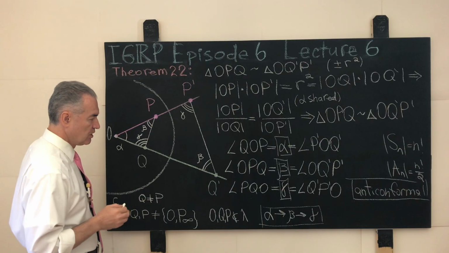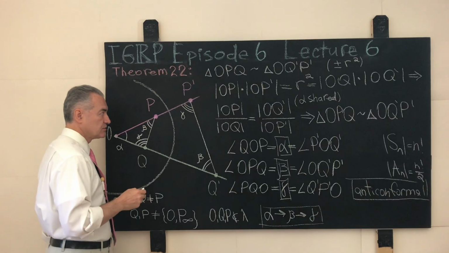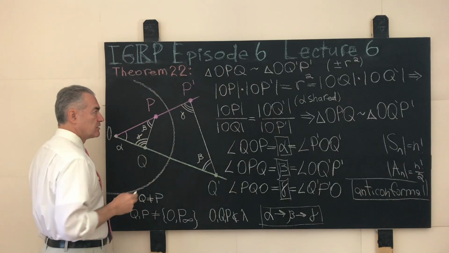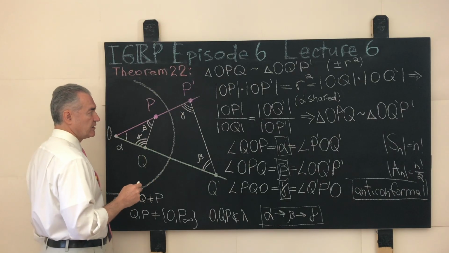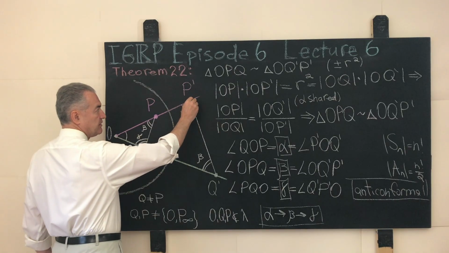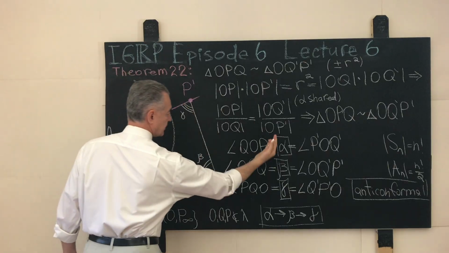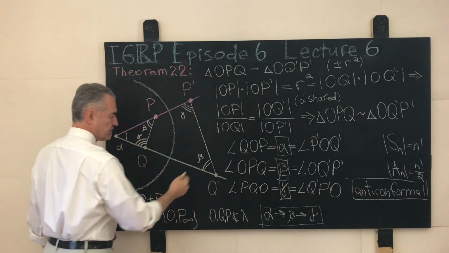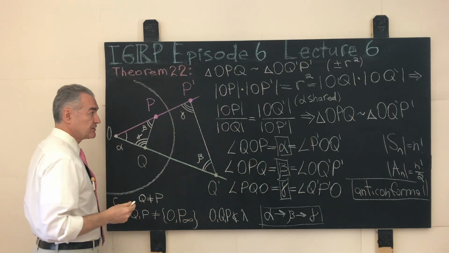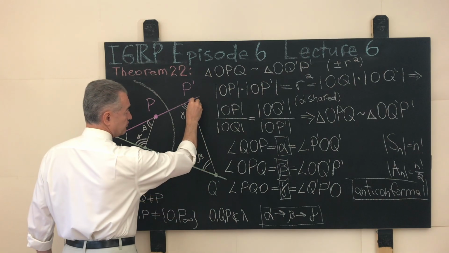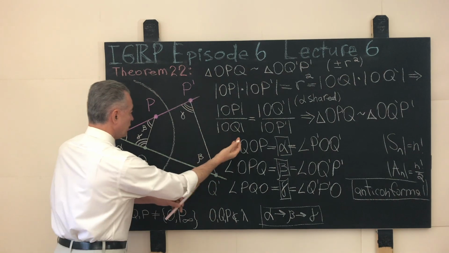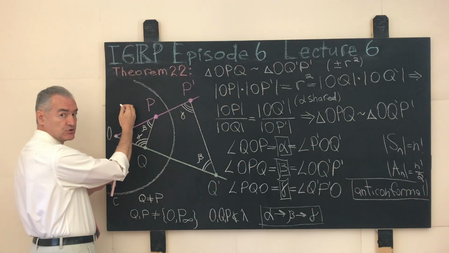We just have to button up a few things here. Look, we have three, how many cases we have? Let's count. The points P prime, the images, and Q prime are located outside of the circle of inversion. We covered that. The second case we have when the points P prime and Q prime, the images, are inside the circle of inversion.